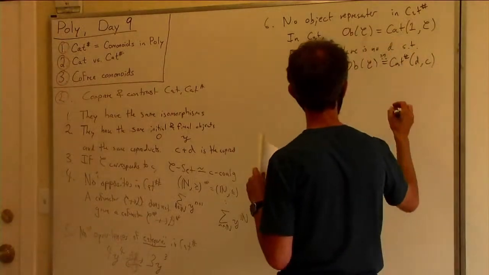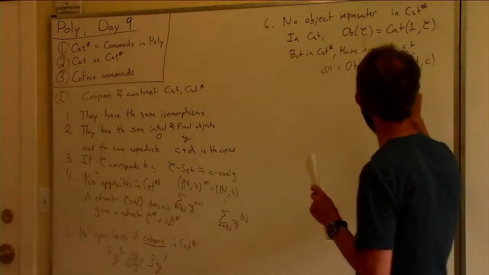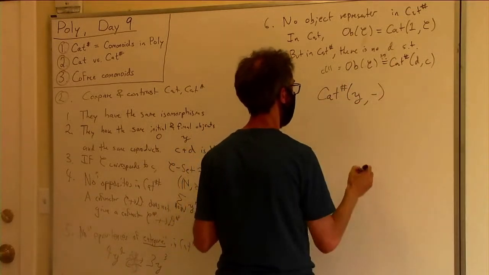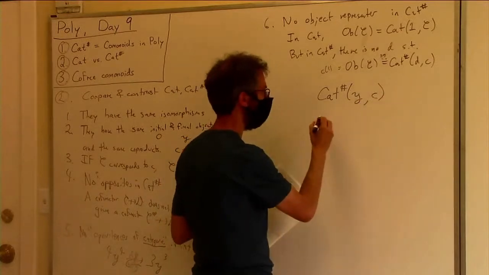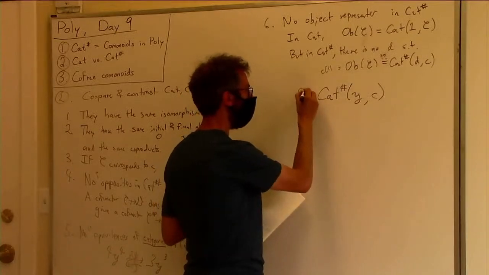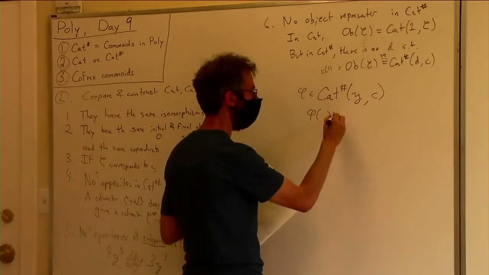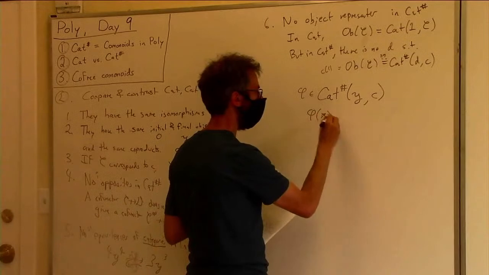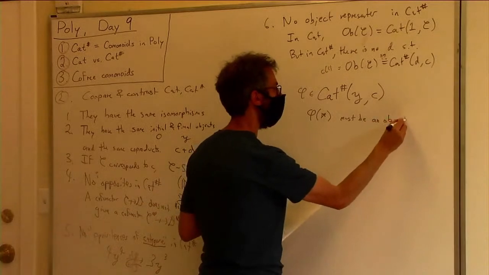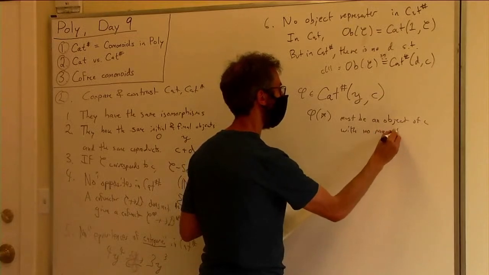One way to say it is: what is Cat sharp from y to blank? If I had a map from y to C, it sends the unique object of y to some object of C. So if I had some phi in here, phi of the unique object in y must be an object of C with no maps to other objects.